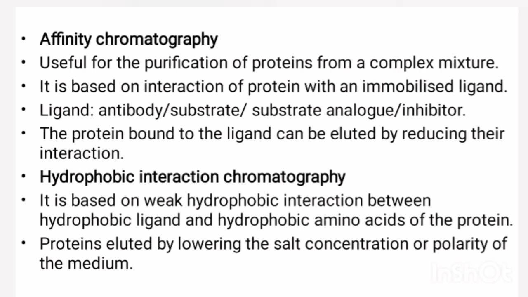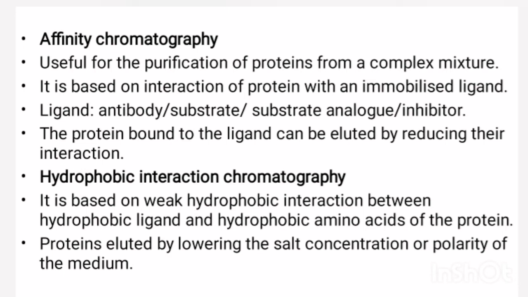Example, the ligand antibody is used for the separation of protein antigen. Another example, the ligand cofactor is used for the separation of protein enzyme. The ligand receptor is used for the separation of protein hormone. So these are some of the examples of ligands used for the separation of protein.